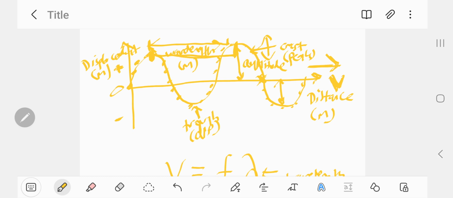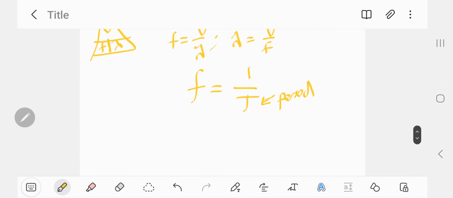I'll show that on the graph later on. But I want to explain why this is called an inverse relation. Inverse because if you increase T, the period that's measured in seconds, you decrease f, and vice versa. If you decrease f, you increase T.